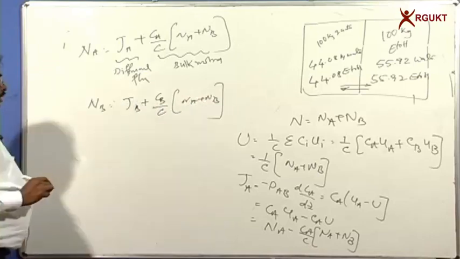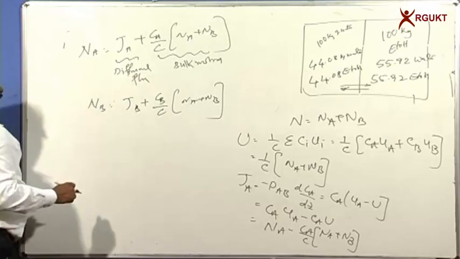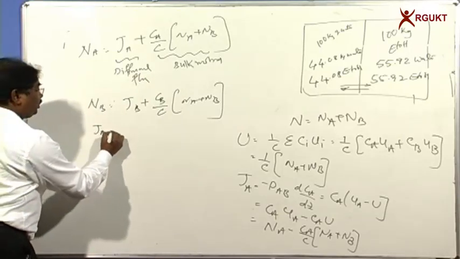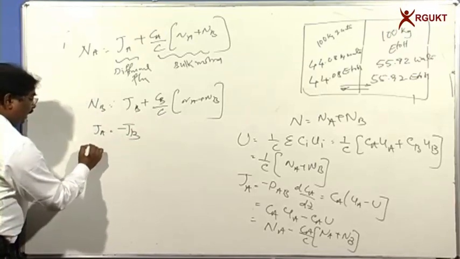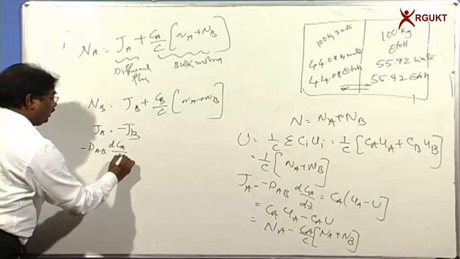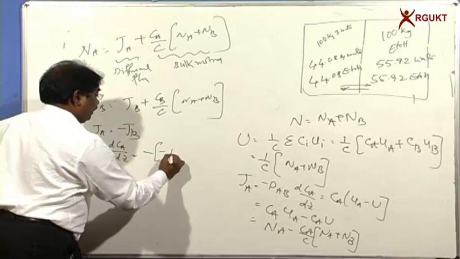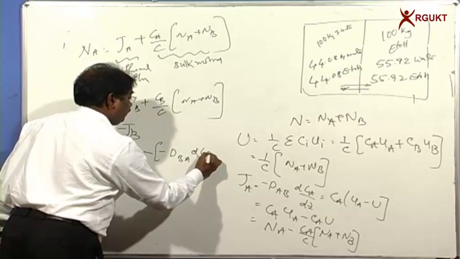If you add these two equations, one can prove that Ja is equal to minus Jb, or minus Dab into dCa by dZ is equal to minus Dba into dCb by dZ.